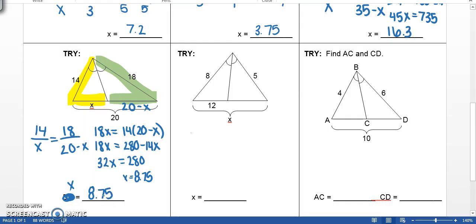We can also give this next one a shot. I'm not going to talk you through it. I want you to try it on your own, but surely you could follow along with what I'm writing.